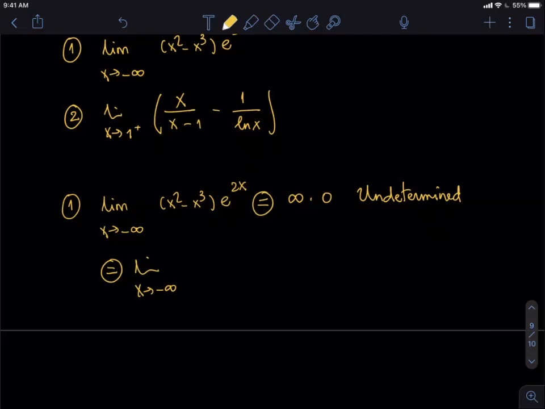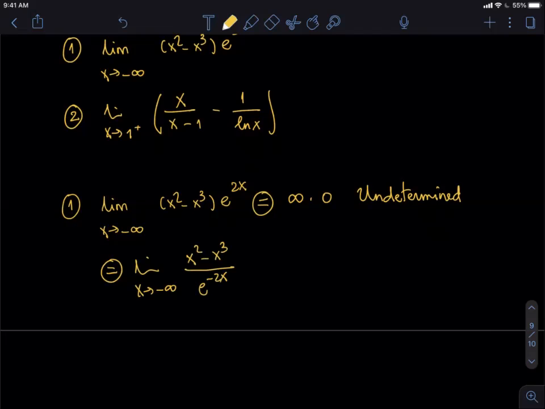All right, so there are different options, but what I'm going to do is write the exponential of 2x as 1 over the exponential of negative 2x.